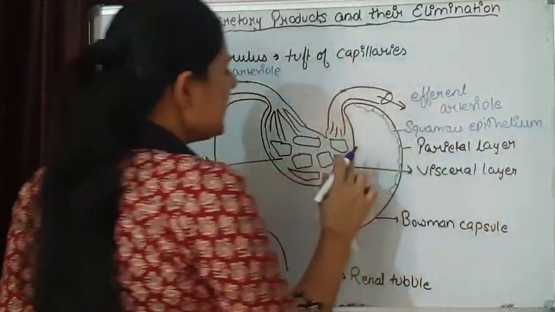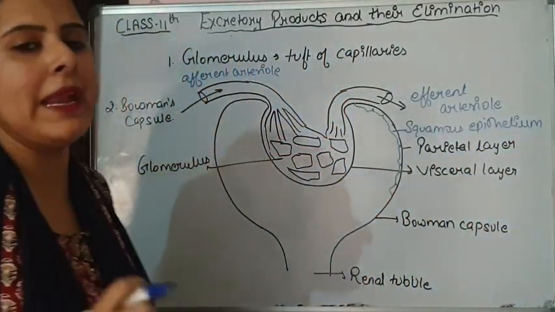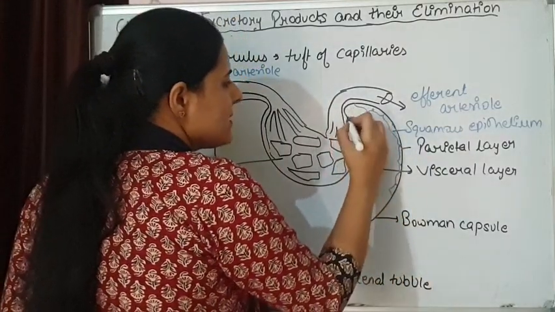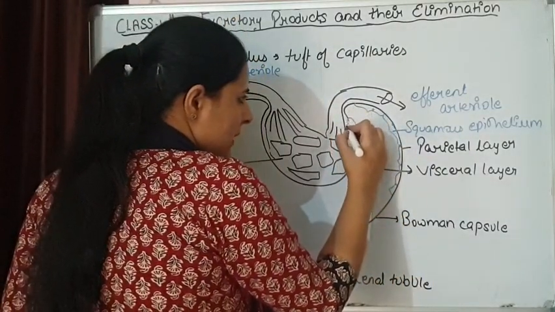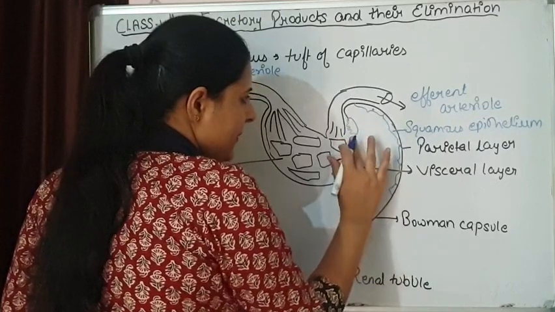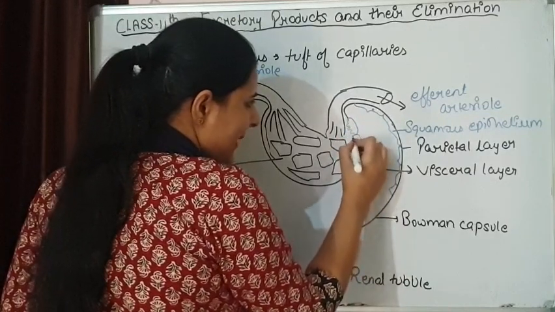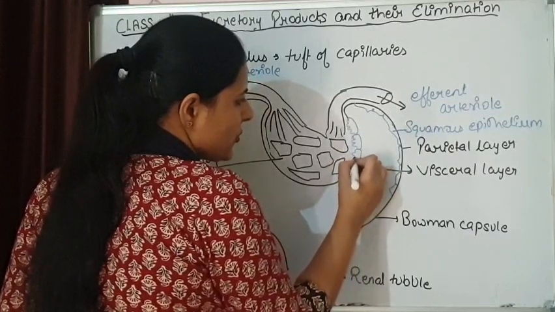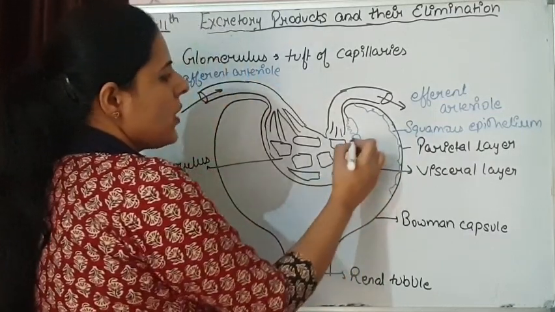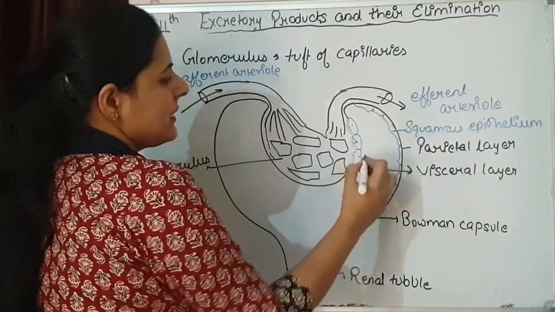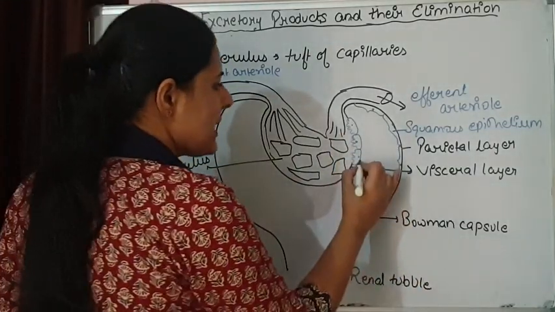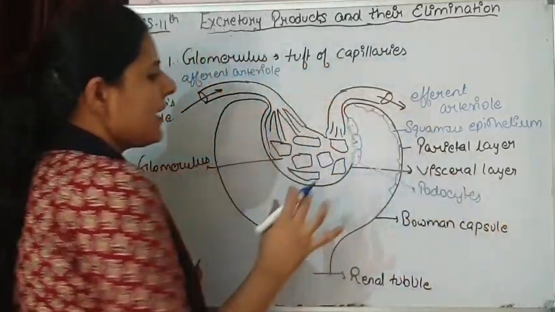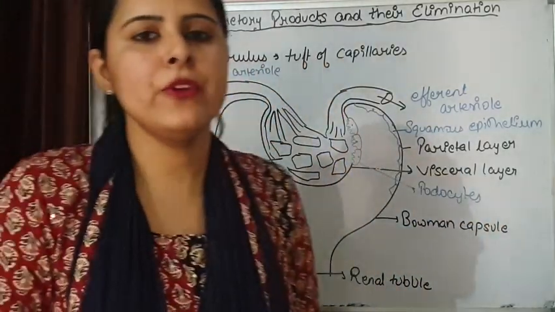And the inner membrane, the visceral layer, is made up of specialized cells like this, which have foot-like structures called pedicels, and these cells are known as podocytes. So this is how the visceral layer contains podocytes. All these structures are helping in the process of filtration.